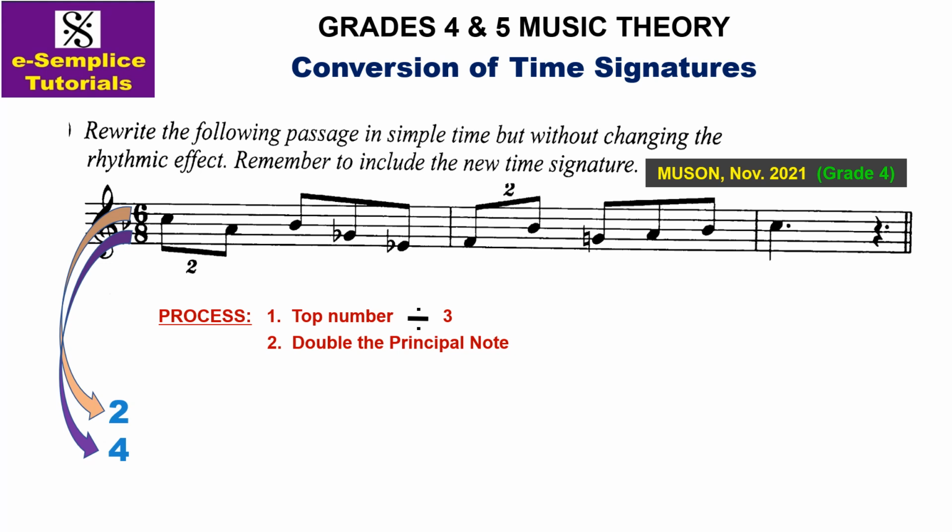6/8 is a compound duple with 2 main beats per bar. That's beat 1, beat 2, beat 1, beat 2, beat 1, beat 2. 2/4 is a simple duple with 2 main beats per bar.